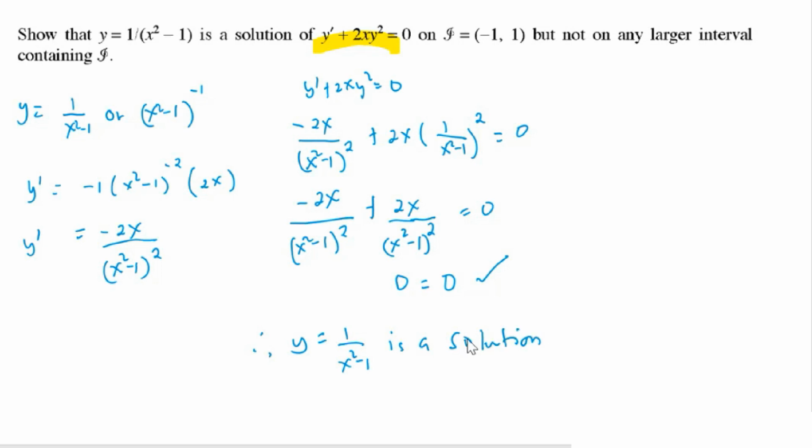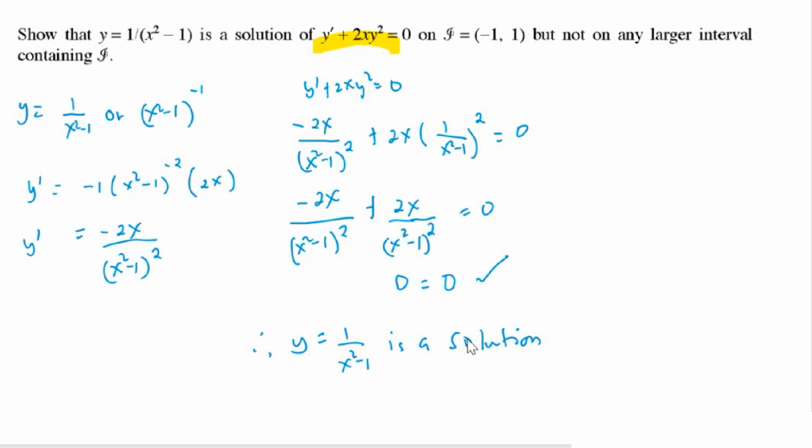Okay, now however, the second condition says but not on any larger interval containing I. We have to take note that 1 over x squared minus 1 is not defined at x equals plus and minus 1, or else the denominator becomes 0.